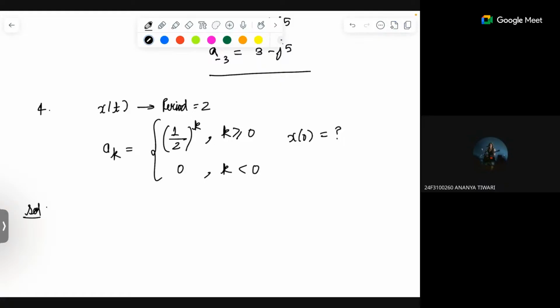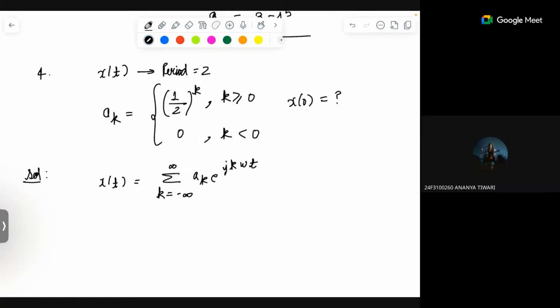Just for a hint, I will write the general Fourier series formula and you have to use it here: the sum from minus infinity to infinity of a_k e raised to the power of j k omega t. Take 3 minutes and then tell me the answer. Question is clear now? Okay, start solving.